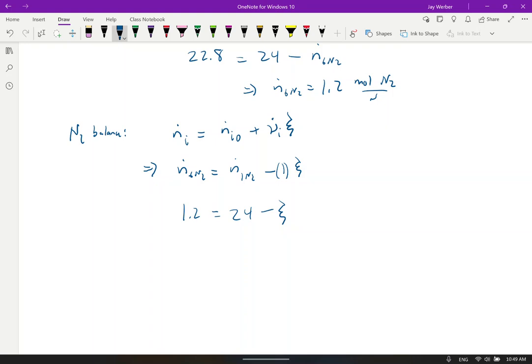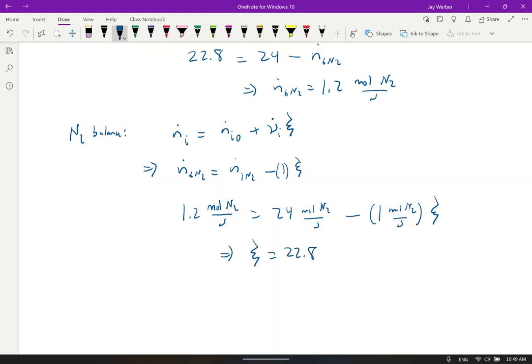And sorry, I shouldn't skip units because that makes things confusing. So 1.2 moles per second equals 24 moles of nitrogen per second minus 1 mole of nitrogen per second times the extent of reaction. And so this gives us that the extent of reaction is 22.8.